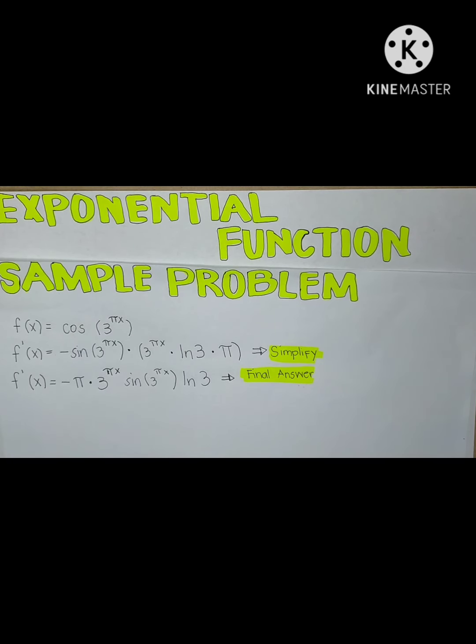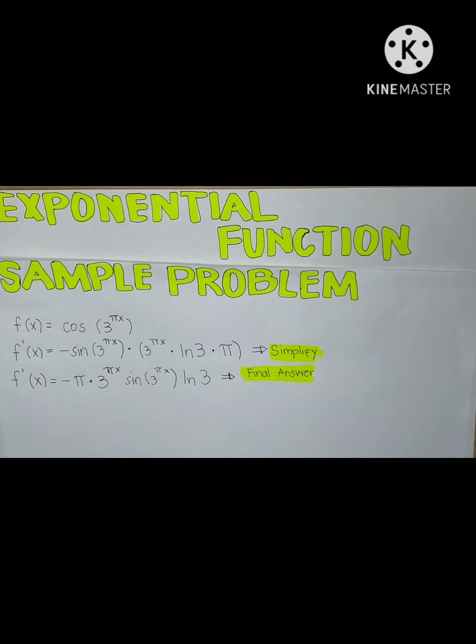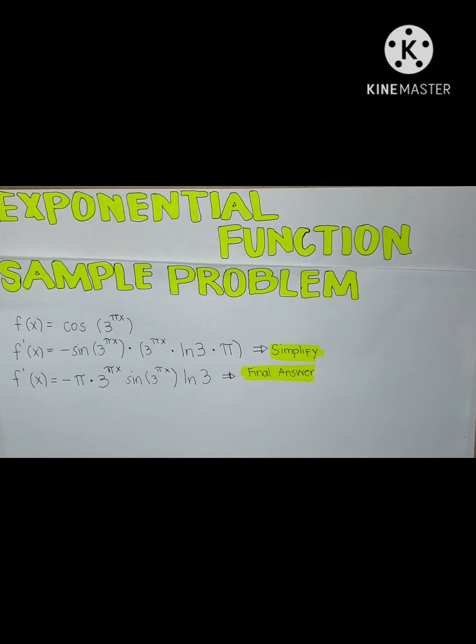So the derivative of the equation is negative sine of 3 raised to the power of pi x multiplied by the quantity 3 raised to the power of pi x times ln, or natural logarithm, of 3 times pi. We can simplify it further into negative pi times 3 raised to the power of pi x multiplied by sine of 3 raised to pi x.